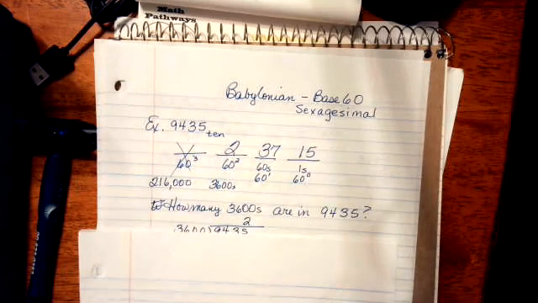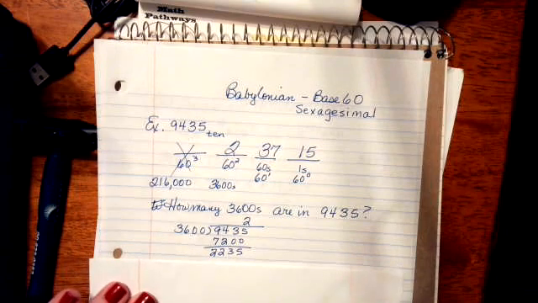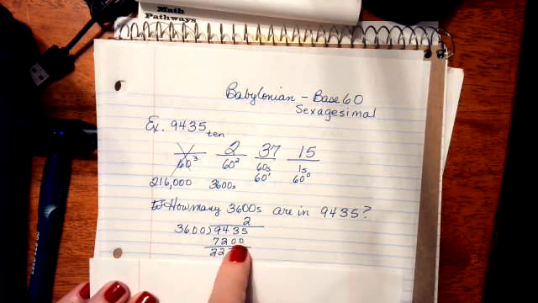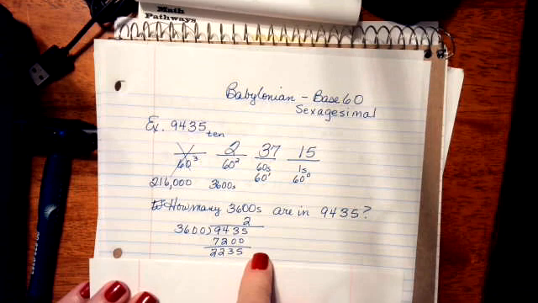So the first question is, how many 3,600s are there in 9,435? It's a division problem. Just do the division. And if you're going to use your calculator, you're going to have to do a little bit of finagling to figure out what the remainder is, because that's really important. You can't just leave it with the decimal. You really need that remainder right there.